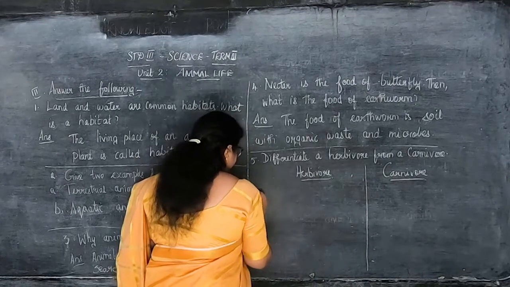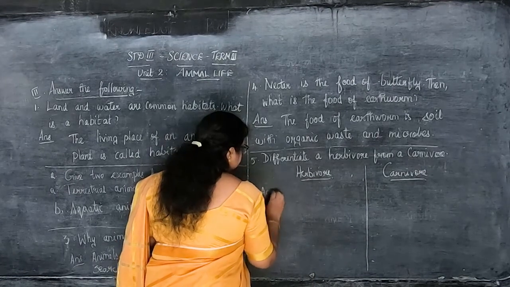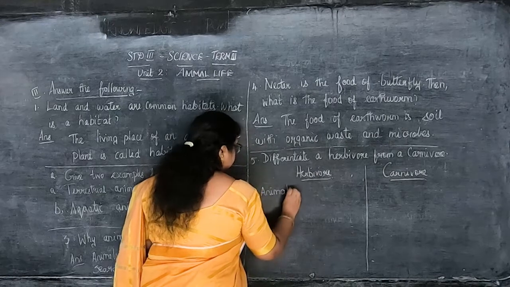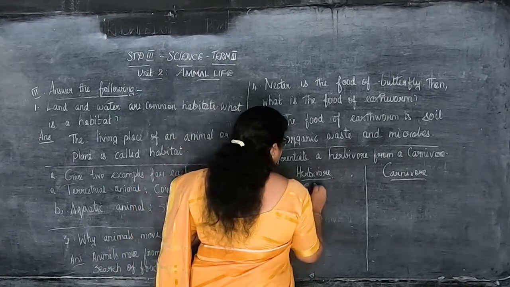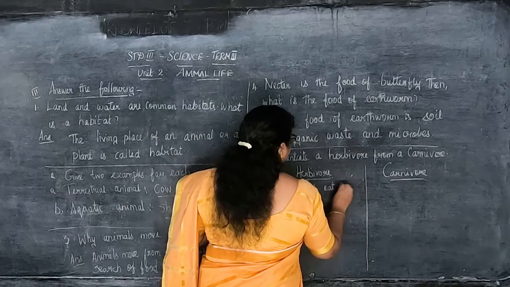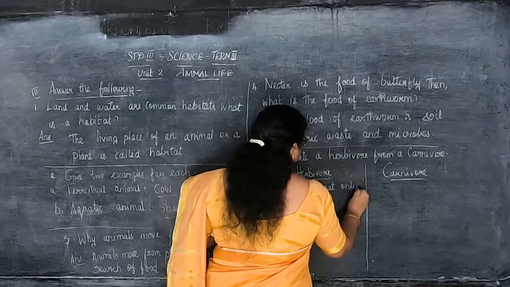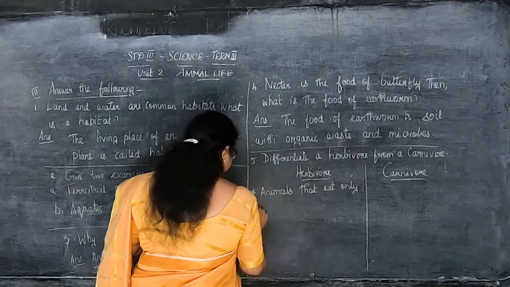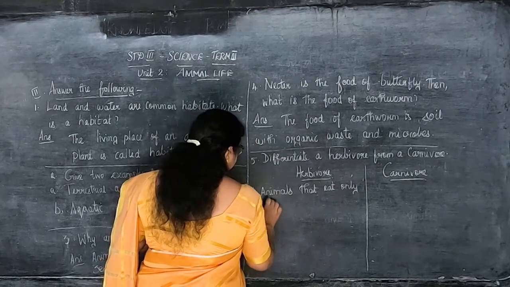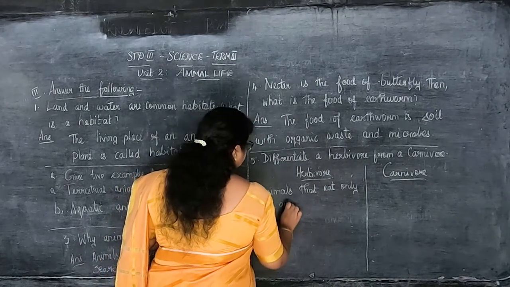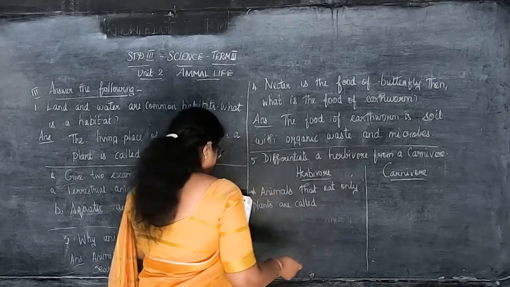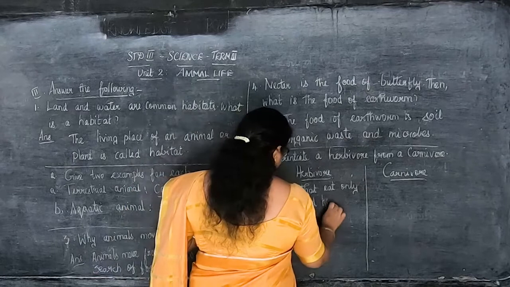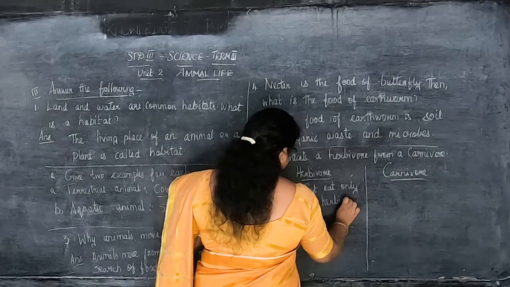Now, first point. Animals that eat only plants are called herbivores.